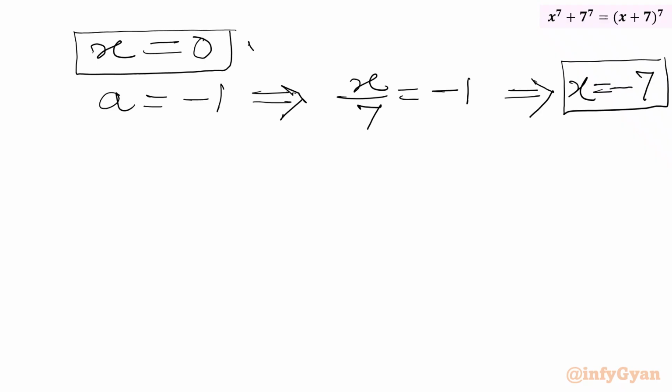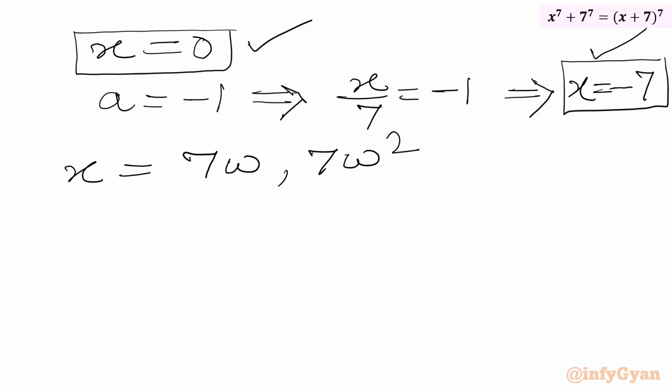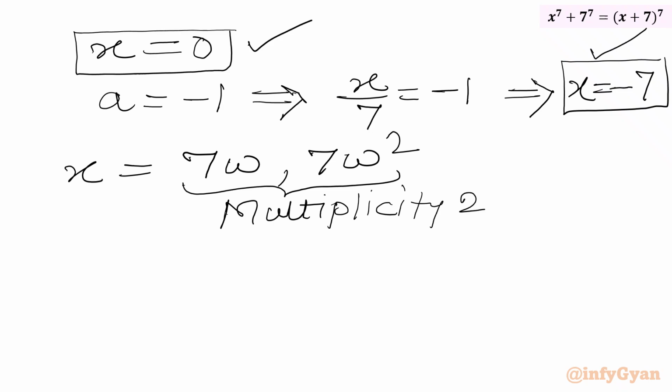So the first real solution is 0, the second is minus 7. And the remaining 4 solutions are 7 omega and 7 omega square, each with multiplicity 2. So overall the 6 solutions are here.